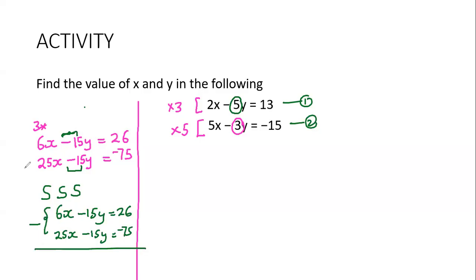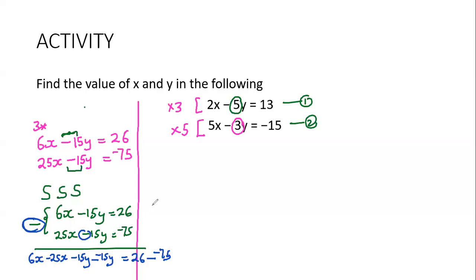Now, when I'm subtracting, I do it in an easy way. Do not complicate. I'm starting from up going down. I'll have 6x minus 25x, then negative 15y, there is this minus, do not forget, minus this negative 15y, equaling to 26 minus this negative 75.